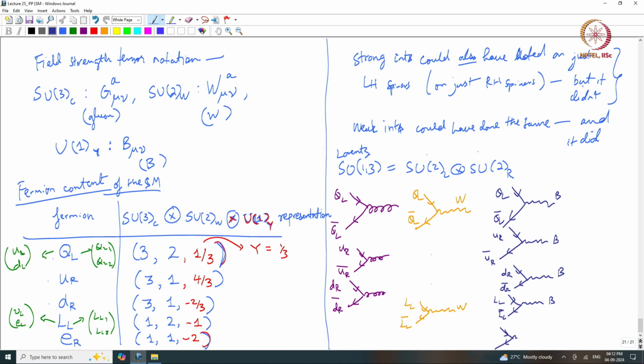Notice that the ER is charged only under the hypercharge.